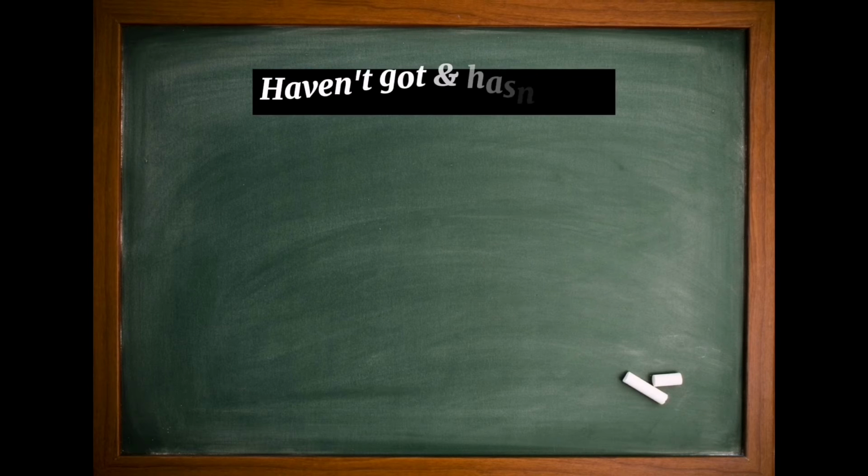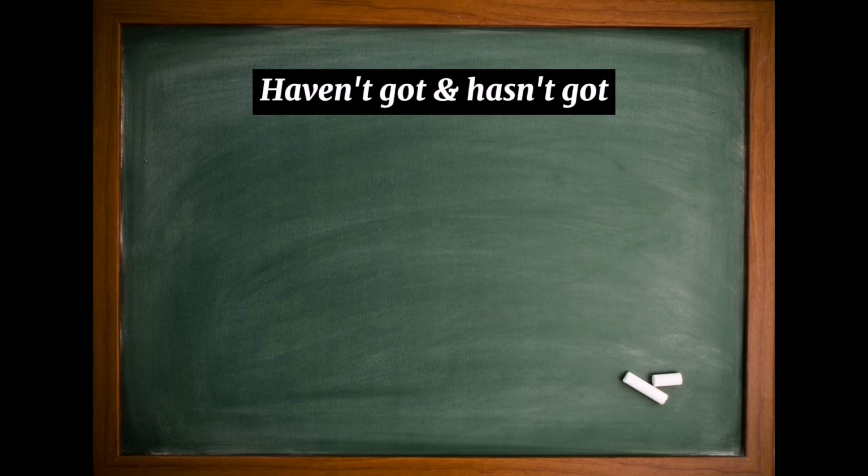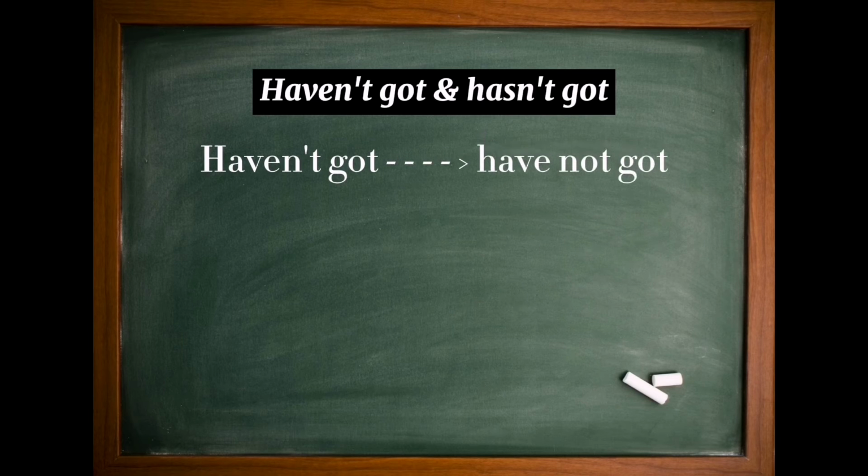Now let's learn about haven't got and hasn't got. Haven't got and hasn't got are short forms. In Malay, kata singkatan. Haven't got is a short form for have not got. You can choose to write or say using have not got or haven't got.